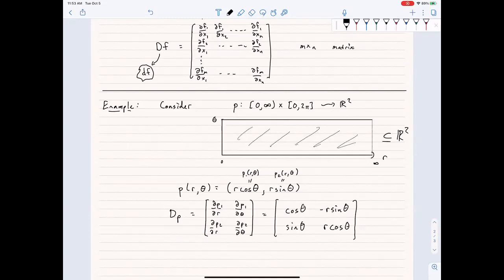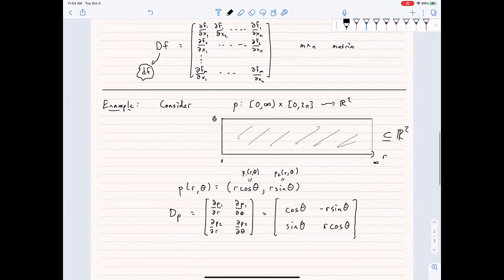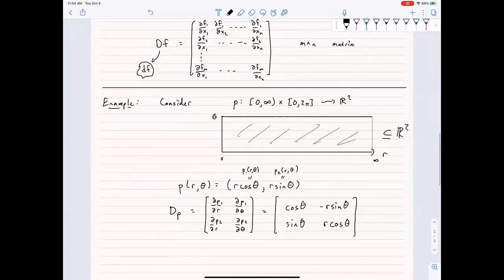This is the total derivative of this function P. This total derivative is used very frequently when you have a function and you know all of its derivatives in terms of Cartesian coordinates, and you want to transfer them to derivatives with respect to polar coordinates. This is what you can use.